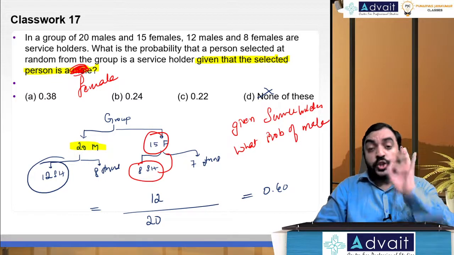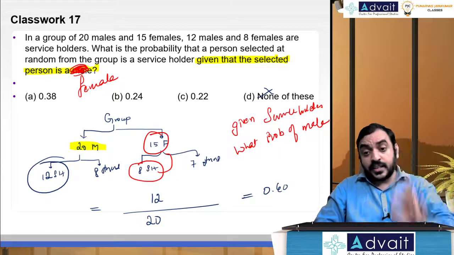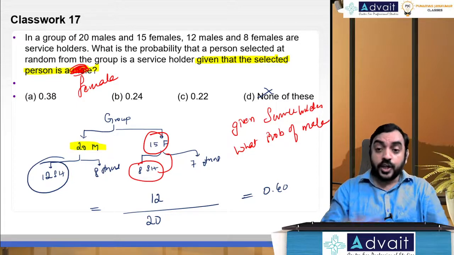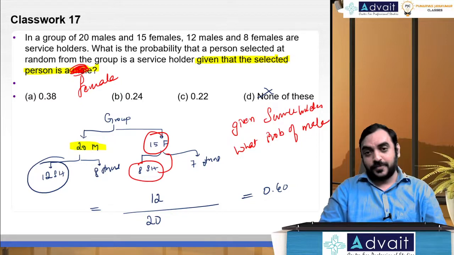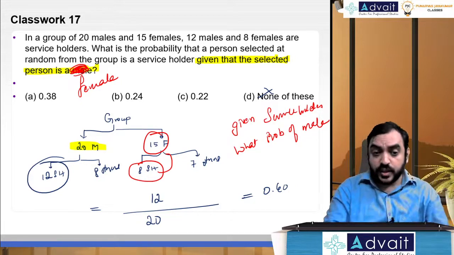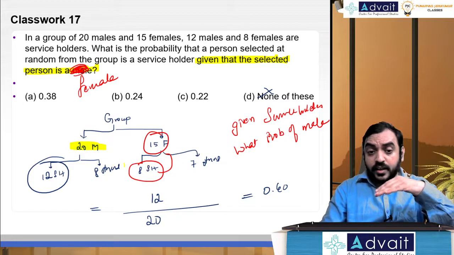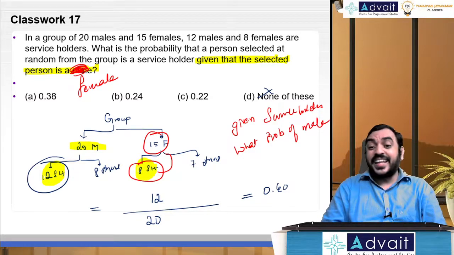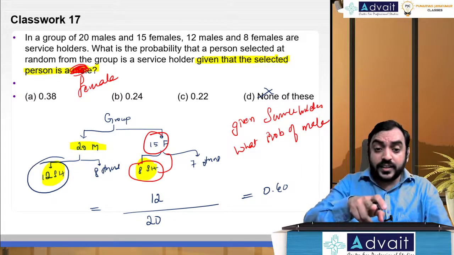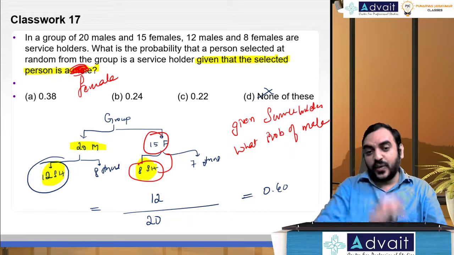I have given you the event which has already taken place: the person selected is a service holder. Out of that, what is the probability of selecting a male? Now, given service holder, how many total service holders are there? Denominator, here we'll have 12 service holders and 8 service holders. So it's going to be 20. Out of the 20, what is going to be male? That is 12 by 20.